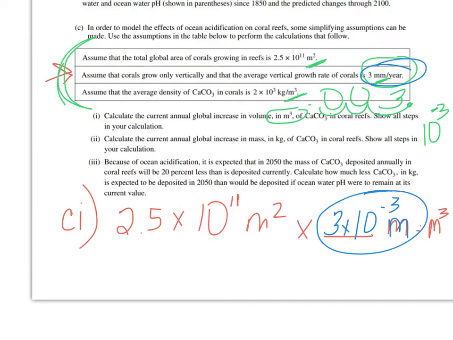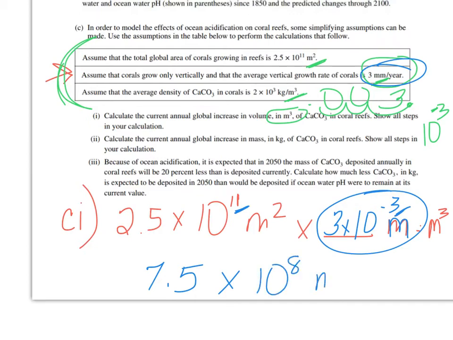So now when I go ahead and do my math, I get 2.5 times 3, and I can pretty much do that in my head as 7.5, so I triple 2.5. And then I have to add the 11 plus a negative 3, which gives me an 8.